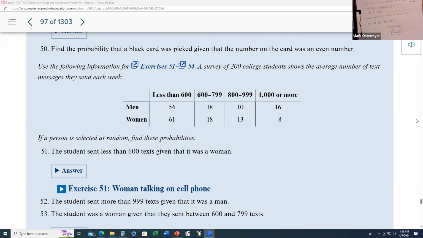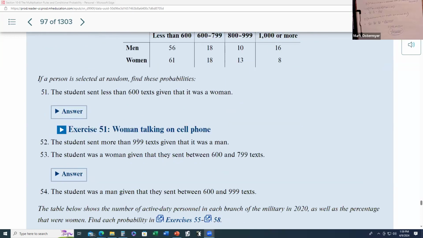We got men, women, and less than 600, 600 to 799, 800 to 999, 1,000 or more text messages sent each week. If a person is selected at random, find these probabilities. All right, I want you to do number 51 for classwork. What's the probability that a student randomly selected sent less than 600 texts given that it was a woman? Okay, go ahead, ladies and gentlemen. Throw that into your classwork, number 51.